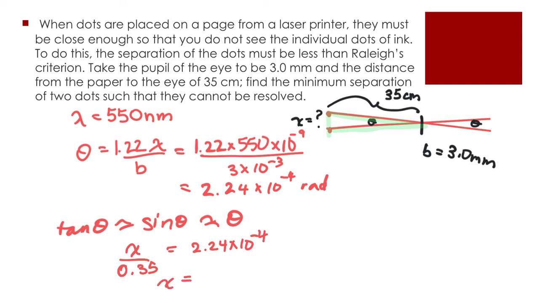Rearranging and picking up my calculator, I'm going to get 7.84 times 10 to the minus 5 meters, which would be the same as 0.0784 millimeters. Okay, so we're going to get them very close together.